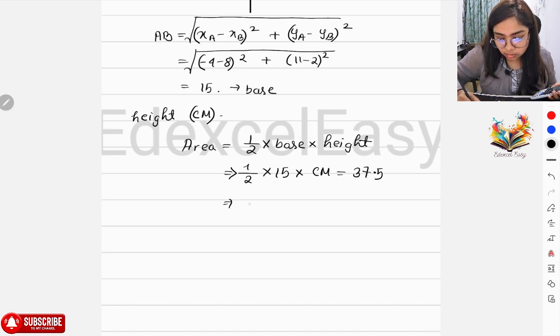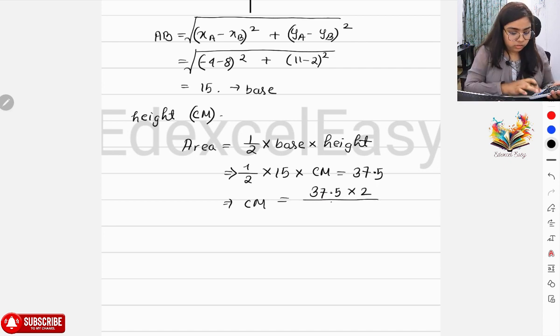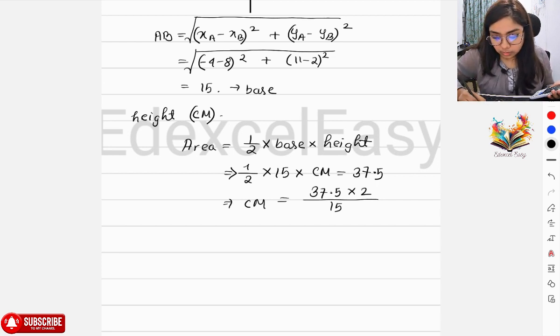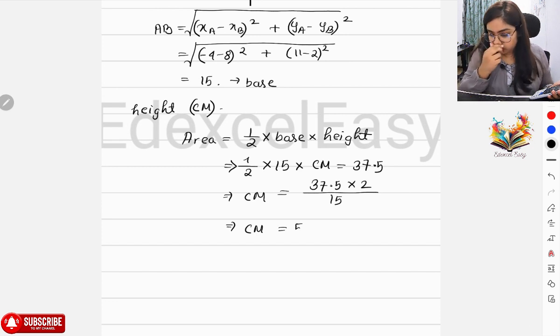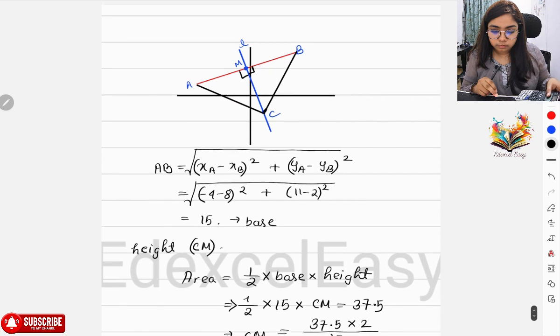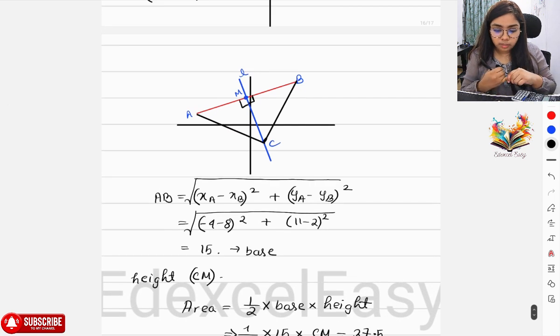So if you make CM the subject, that will be 37.5 multiplied with 2 divided by 15. This gives you 5. That means the length of CM was 5 over here. So if this is 5, in that case, the length is 5, right?